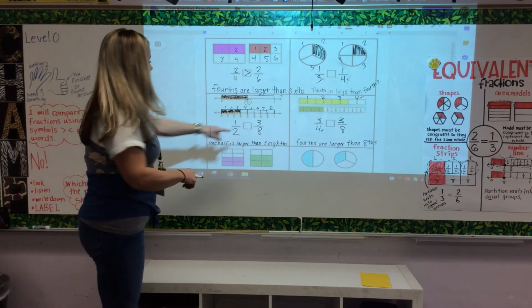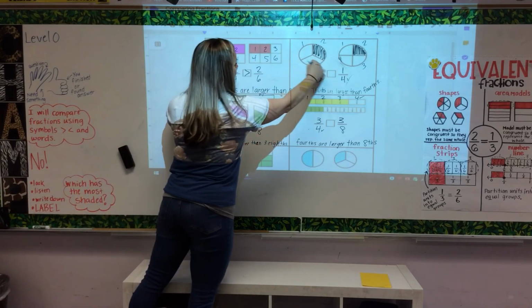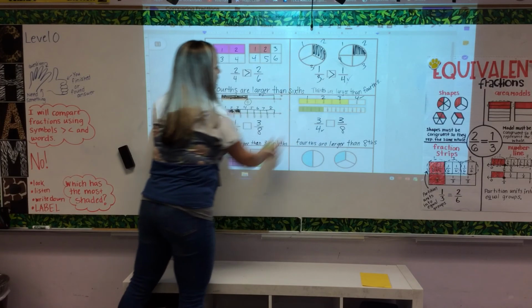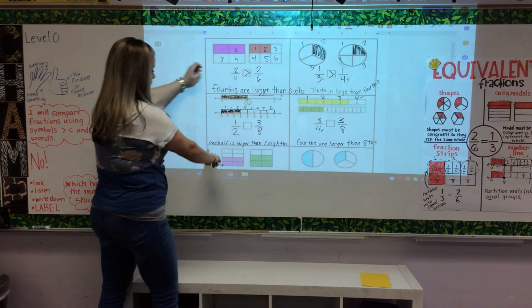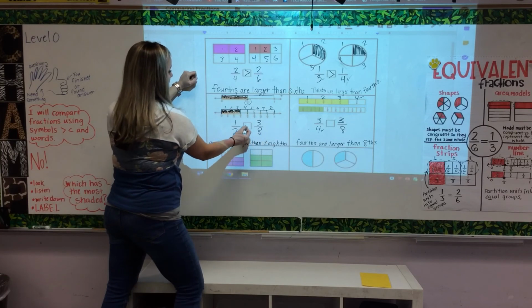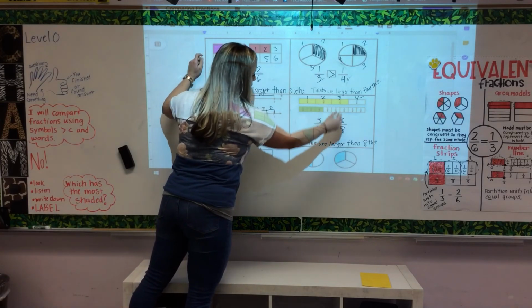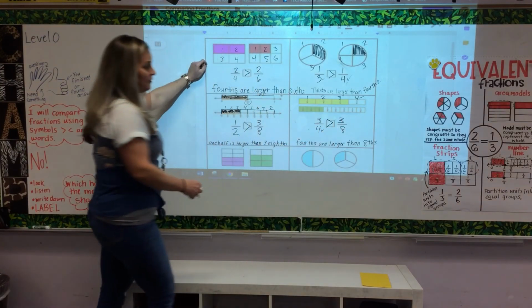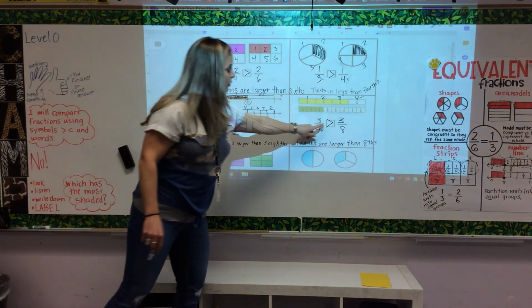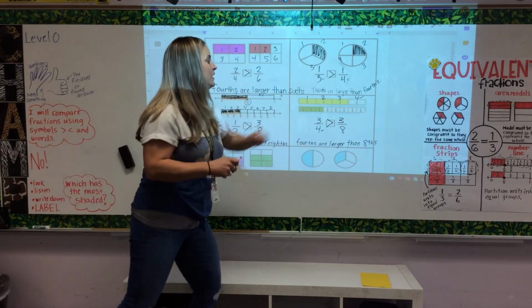I have not been putting my symbol. What am I doing? Okay, so I got to go back real quick. So 1/3, because thirds are larger than fourths. 1/2 is larger than 3/8. There we go. And 3/4 has more shaded or is greater than 3/8 because fourths are larger than eighths.